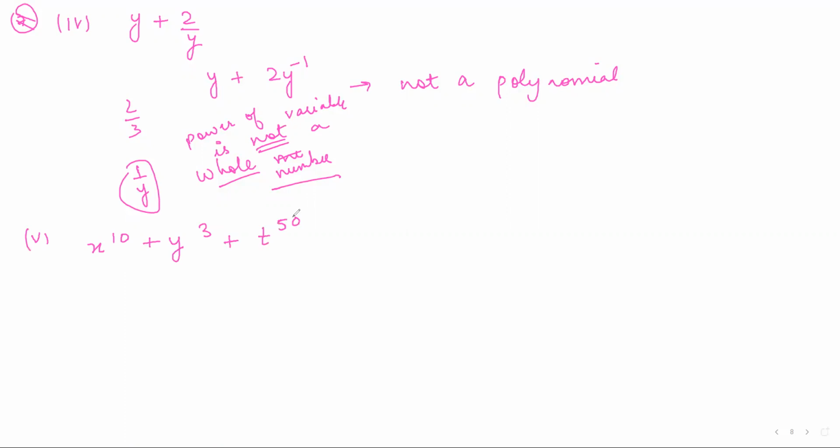Is it a polynomial? Okay, Jaslyn, what do you think? Yes, ma'am. Yes, it is a polynomial because the powers are all whole numbers, but the variable is not one, it is 3. So it is a polynomial in 3 variables.